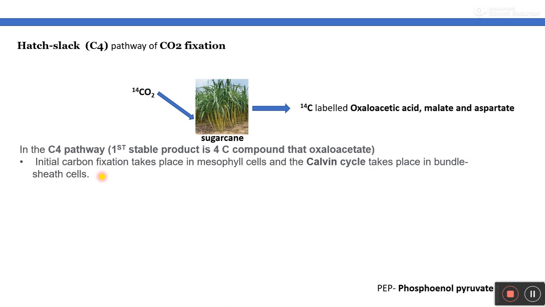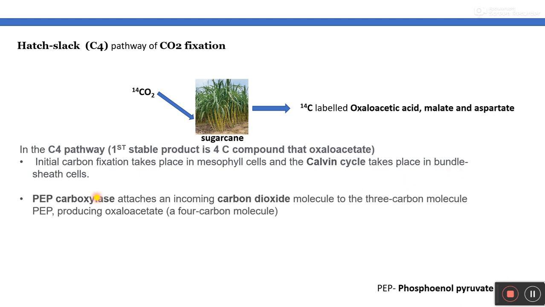So carbon fixation takes place twice, once in the mesophyll cell and once in the bundle sheath cells. Phosphoenol pyruvate carboxylase attaches an incoming carbon dioxide molecule to the 3 carbon molecule phosphoenol pyruvate, which ultimately leads to the synthesis of oxaloacetic acid, a 4 carbon molecule.